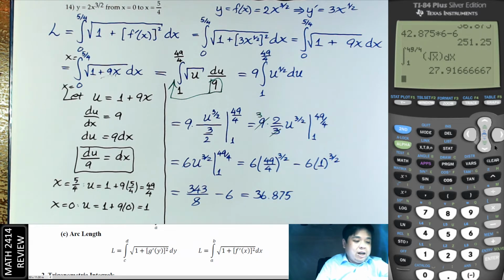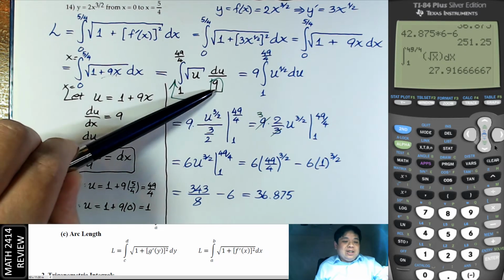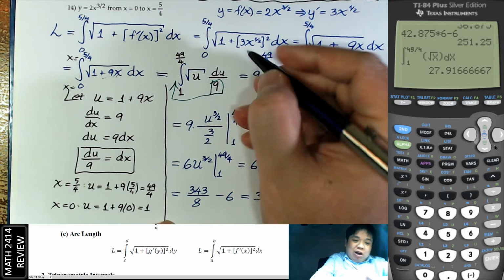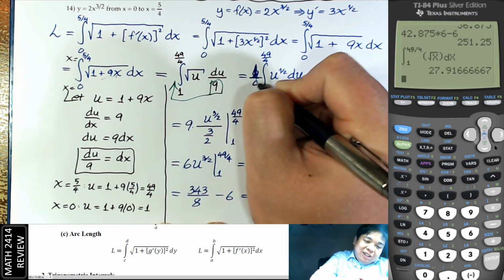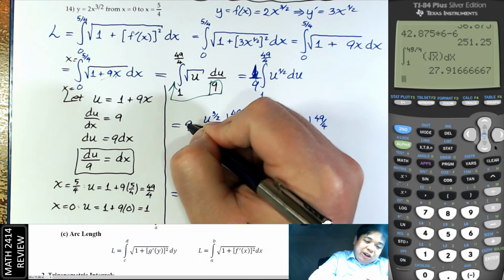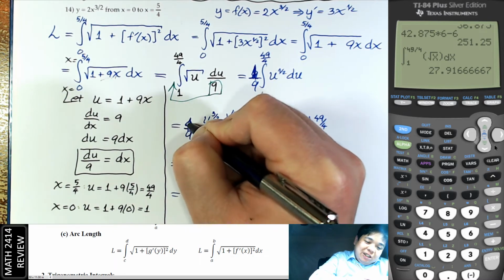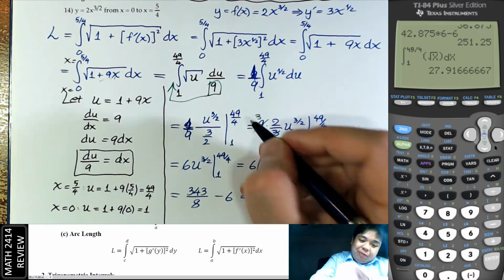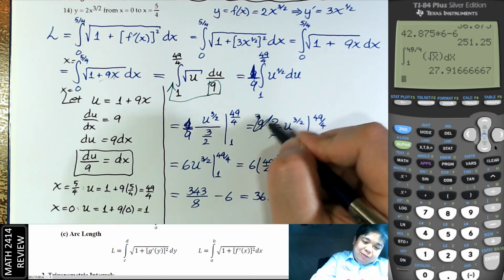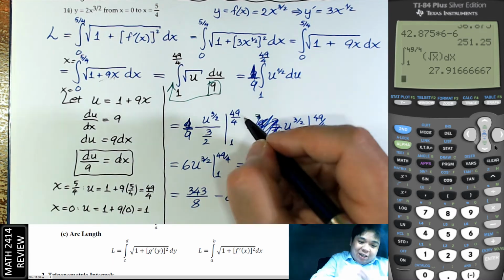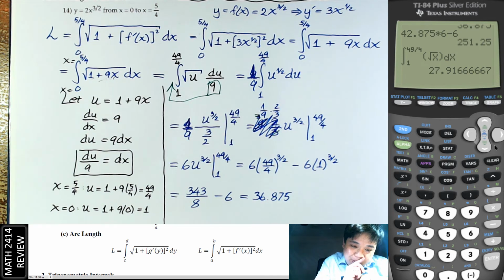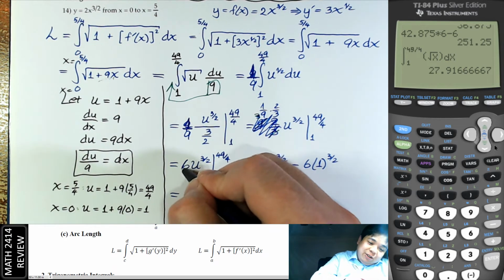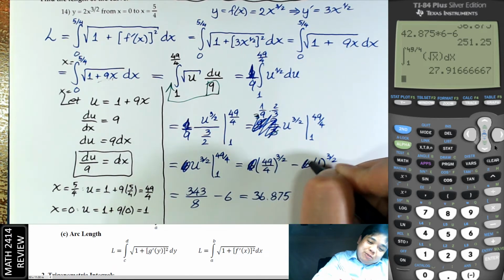Right, I see why. This is divided by 9 and I put multiply by 9. So this is 1 over 9. Sorry about that. 1 over 9 times 2/3, so 2 over 27. Right, so it's not 6, but 2 over 27.